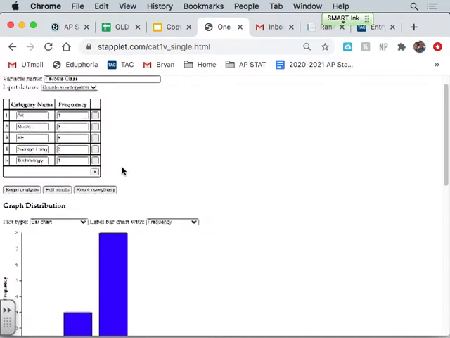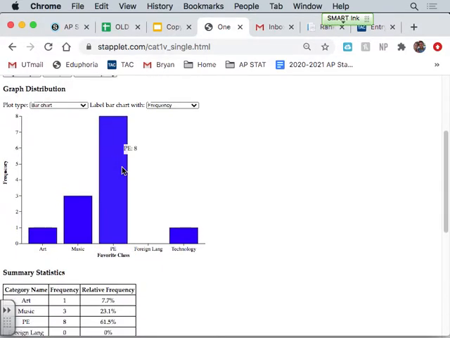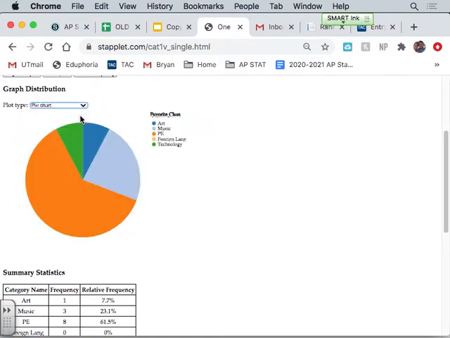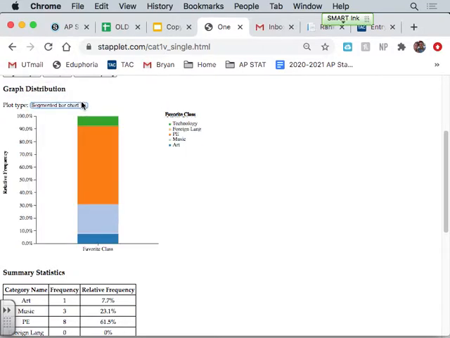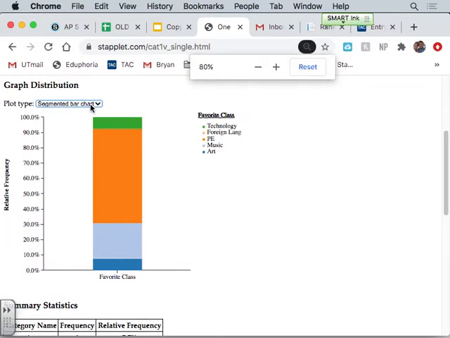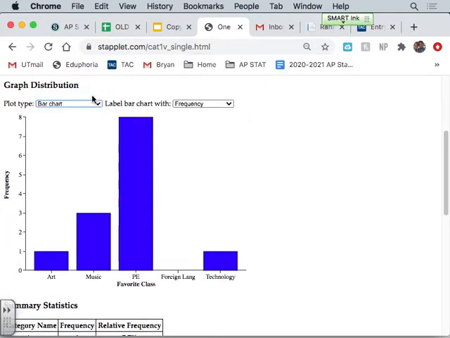So I put my frequency in, and I like this because then it immediately gives me a bar chart, pie chart, and this thing called a segmented bar chart. So I want you to copy down one of those or multiple of them.